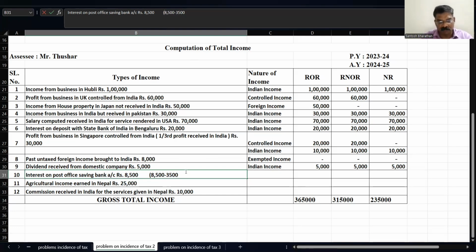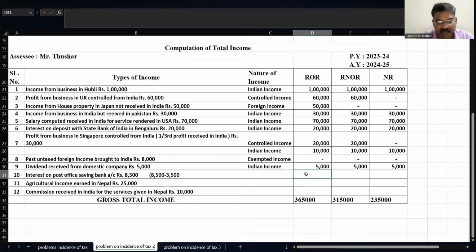So 8,500 minus 3,500, it comes to 5,000. So taxable is 5,000. Taxable 5,000 in all the three cases.